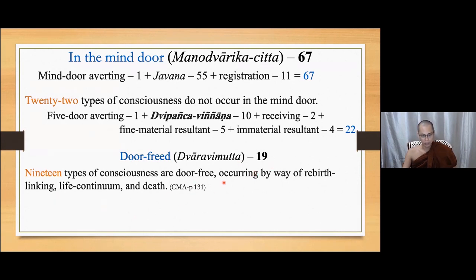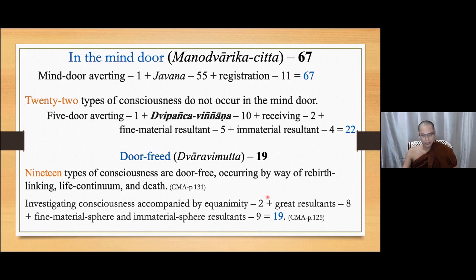They are door-free consciousness. What are these 19? We already know. The investigating consciousness accompanied by equanimity, the ahetuka patisandhi, and 8 great resultants and 9 sublime resultants. So altogether 19. They are dvara vimutta.